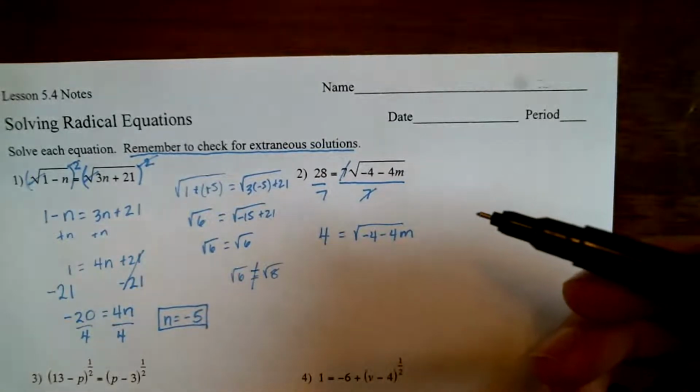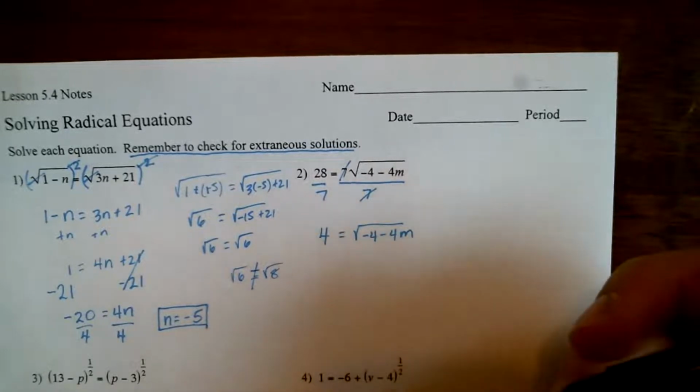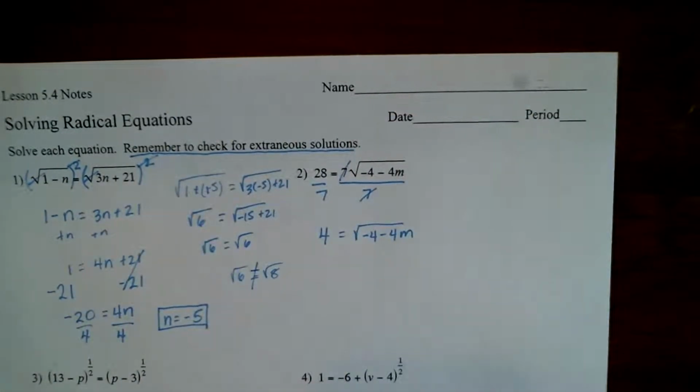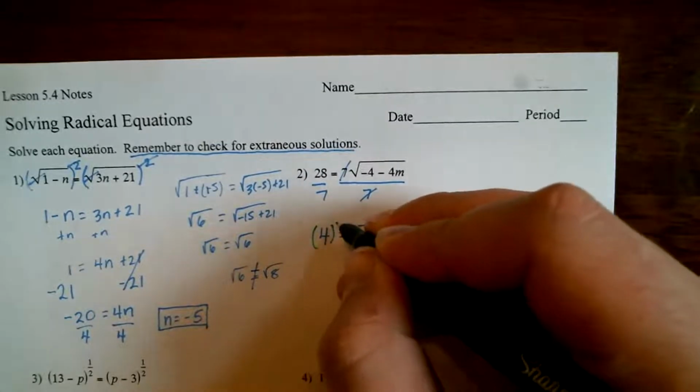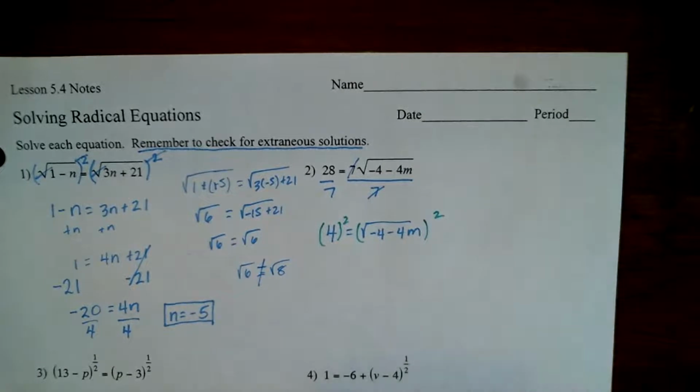Okay. From there, what would I do, Kristen? Yeah, square both sides. Very good. Square, square. What's my next line, Abby? Abby, throw out that next line.